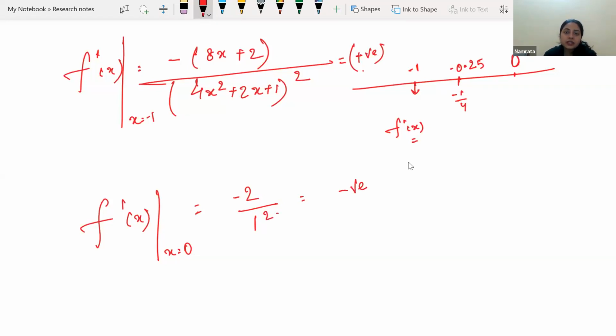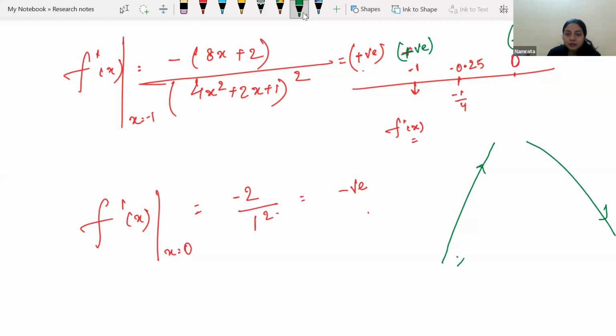So positive and then negative: in this interval it's increasing, and here we are getting negative. So our slope is increasing at first and then decreasing.